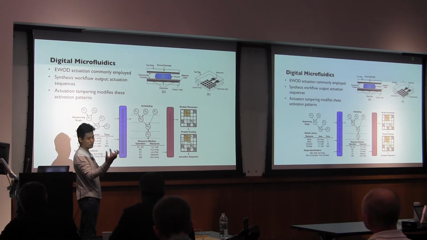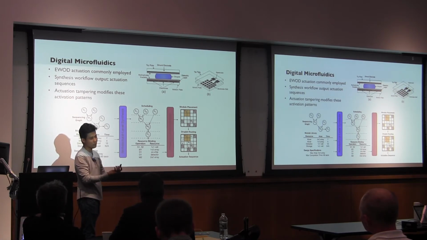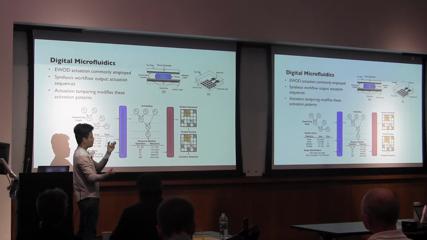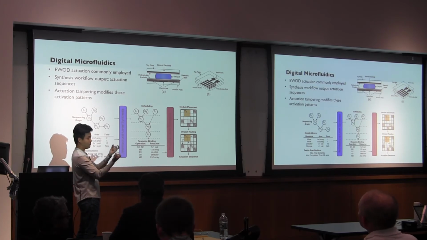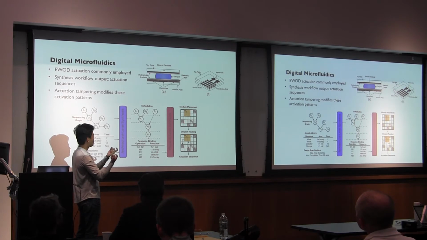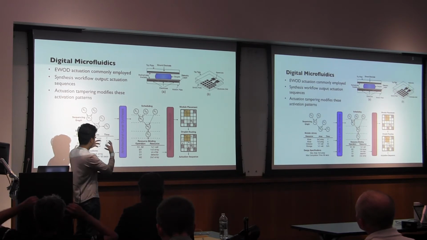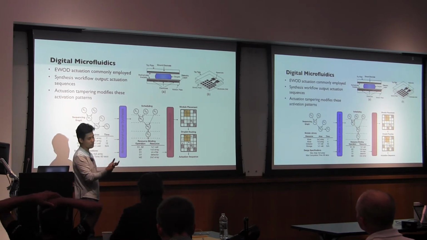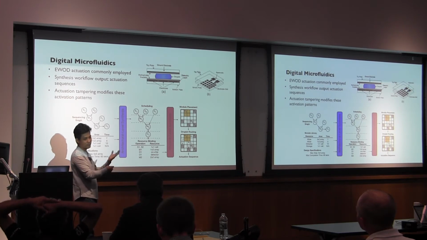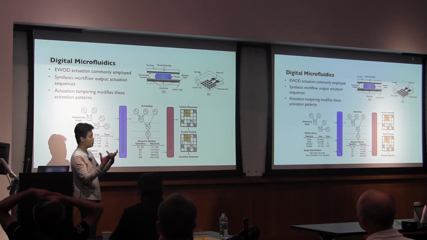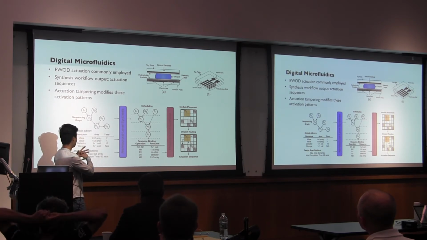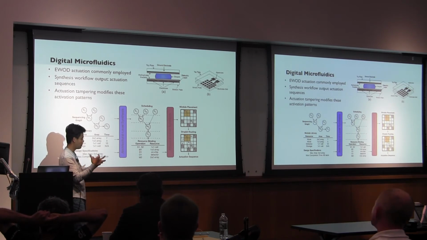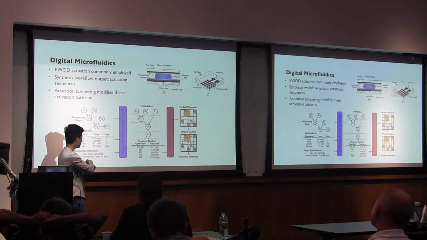And those control signals that we use to drive this biochip, it was mentioned before that it's just turning on and off electrical signals, which is true, but this is very tedious in practice, right? So what you want is some way to automate this process. A lot of work has been done, pioneered at UC Riverside and Duke, to automate this workflow. Typically you specify your sequencing graph, and then you have a module library of all the resources that are available on chip and what it is capable of doing.